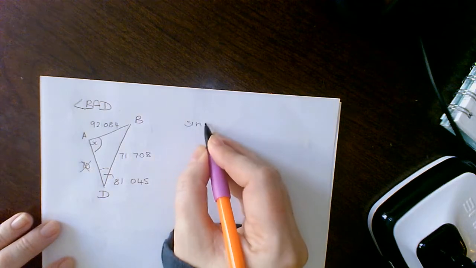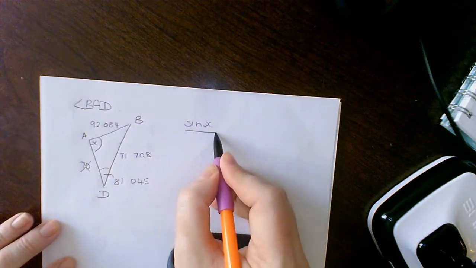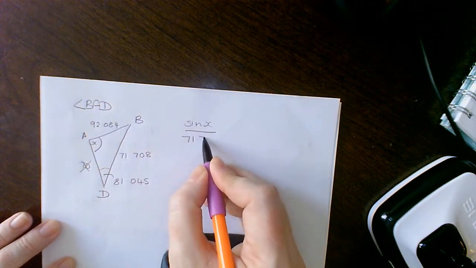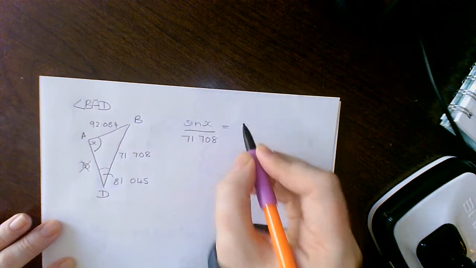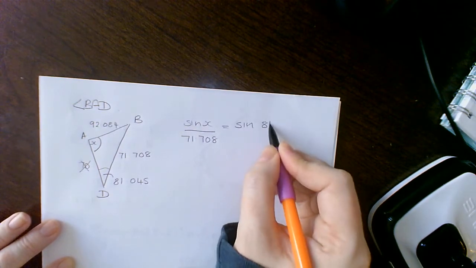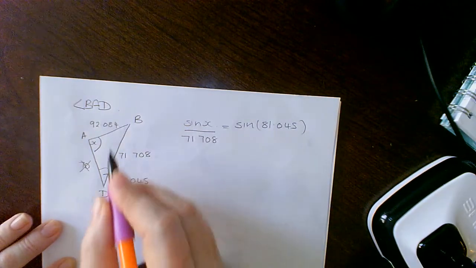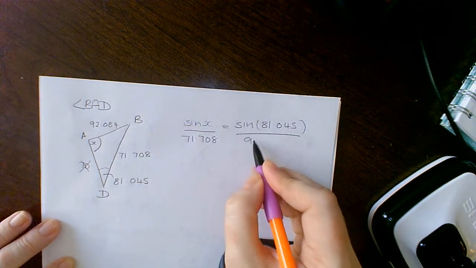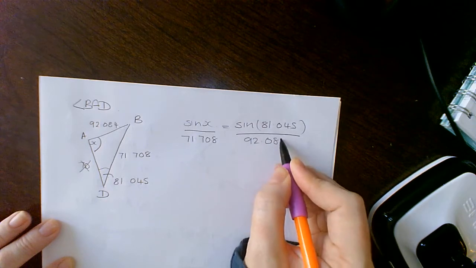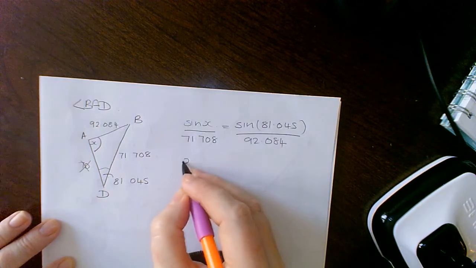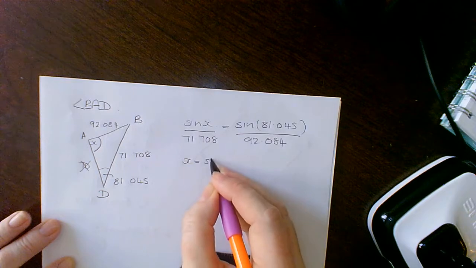So sine x, because we're finding that one, goes with 71.708. Sine 81.045, which is that angle there, goes with that side there, 92.084. So we rearrange that, so we will be doing sine minus 1.